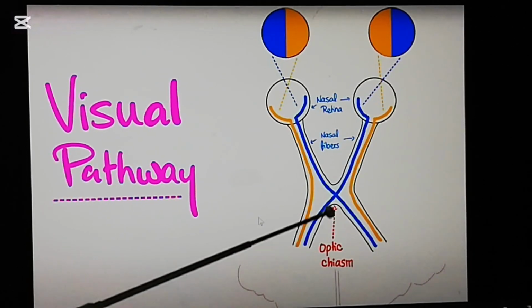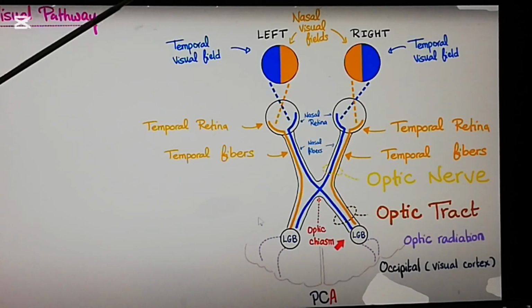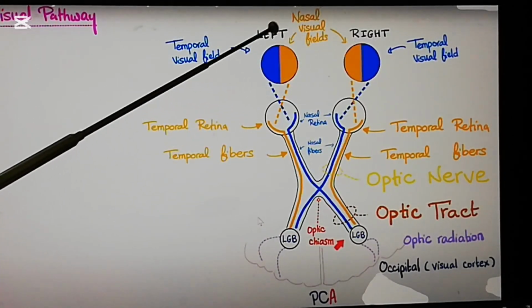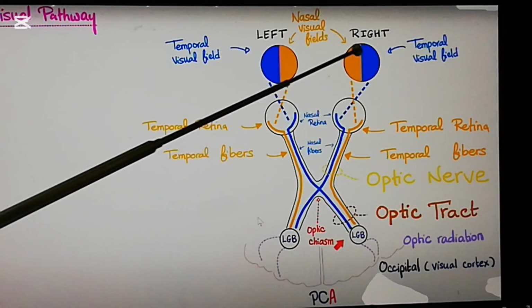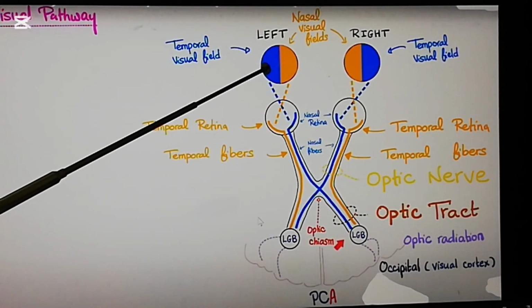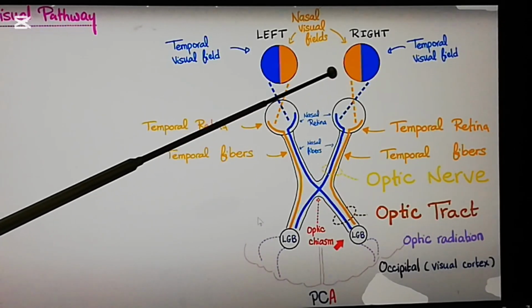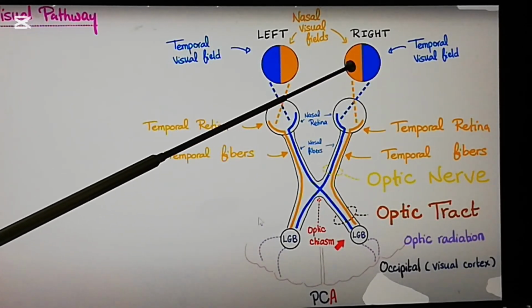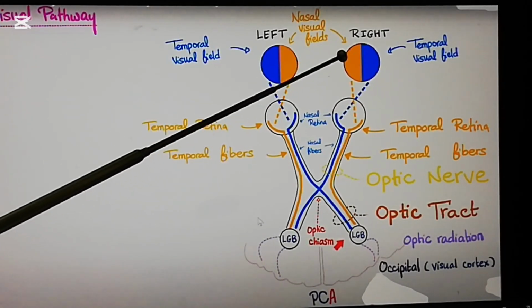Okay, again the picture is in front of you: this whole is the visual field, this is the left, this is the right, and we can see the temporal visual field of the left side and the temporal visual field of the right side, and the middle area is representing the nasal visual fields of both sides, right?